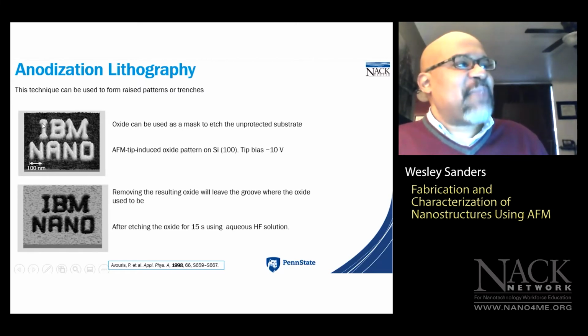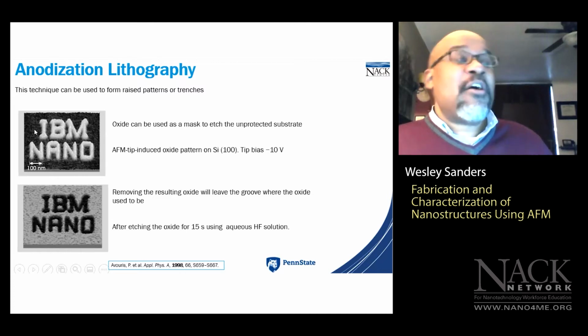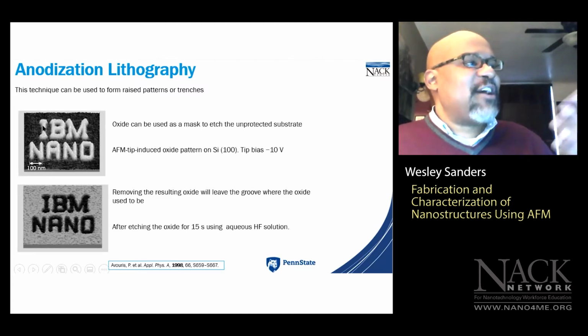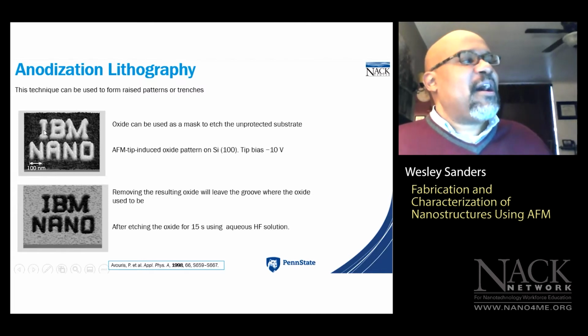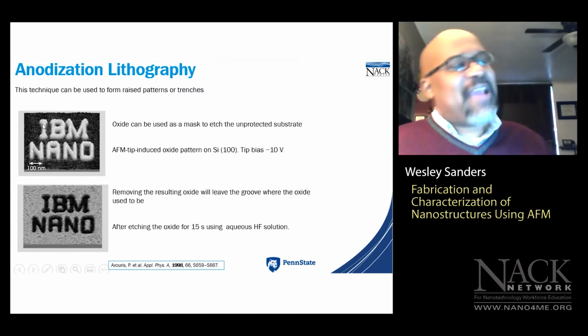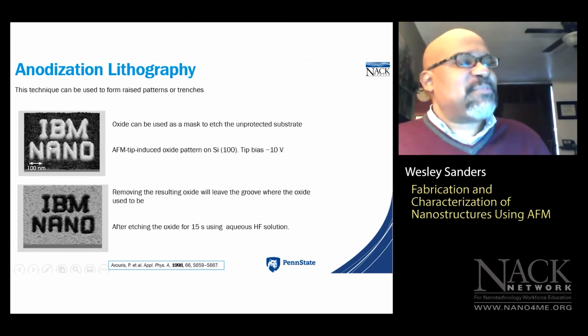So let's say that there are some areas underneath the oxidized pattern that you want to protect. Well, the oxidized pattern will protect the underlying substrate if you want to perform a subsequent etching step. So in this particular case, the oxidized pattern remains so that you can etch away all the exposed substrate.